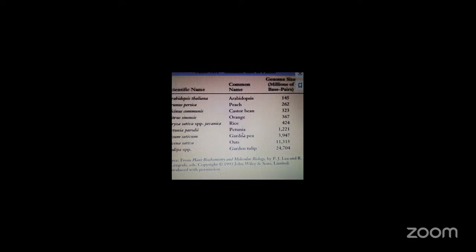Barbara McClintock identified these jumping genes, or transposable elements, in corn, in 1983.